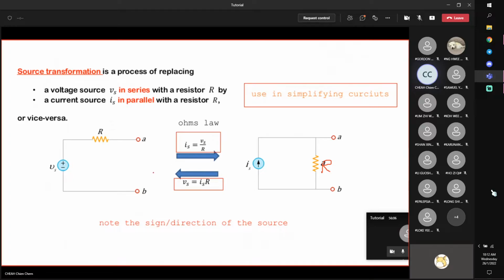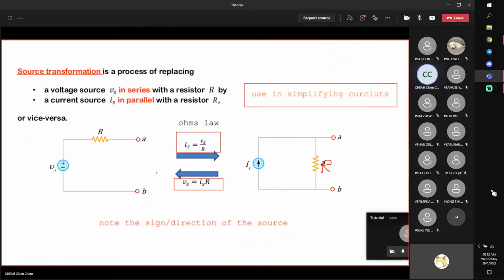Okay, why do you want to do that? Because sometimes your resistor, for example, cannot be simplified. Therefore, you just transform it so that it can be simplified, right? For example, in this case, I can transform the voltage source in series to a current source in parallel. Okay, after that, I may be able to simplify the circuits further.